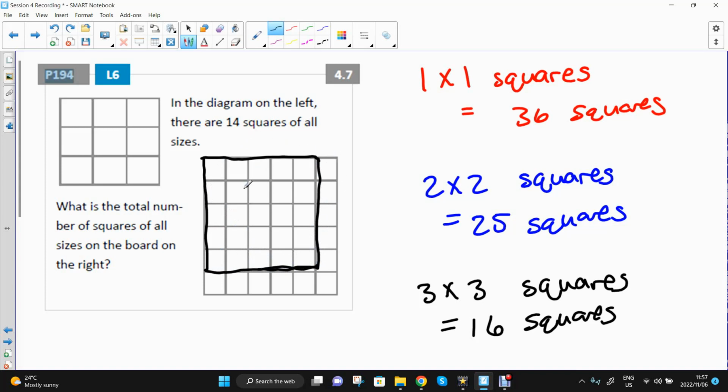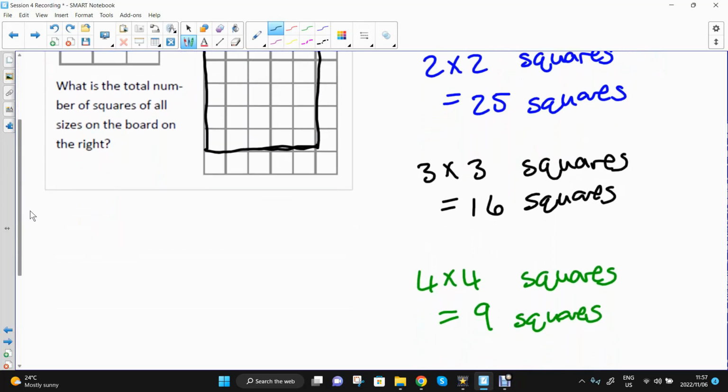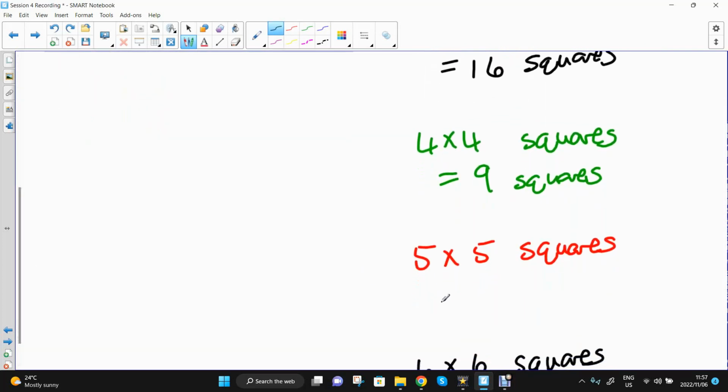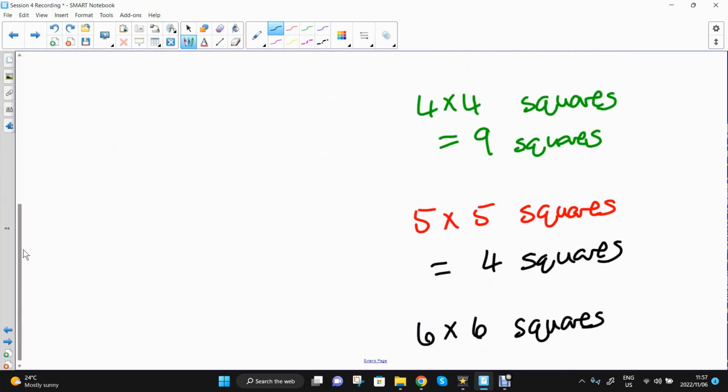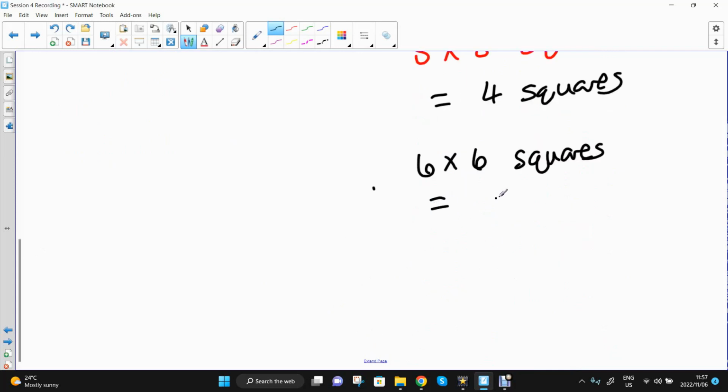Then you're going to have one in this corner. You can have one in this corner. And you can have another one in that corner. So that's just 4. There's 4 possible 5 by 5 squares. And then finally, how many 6 by 6 squares do we have? There's only one. Only one of them.